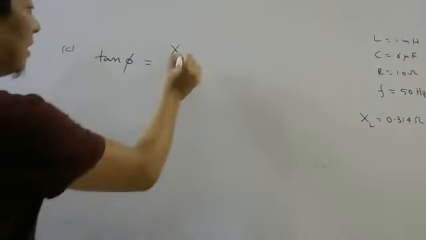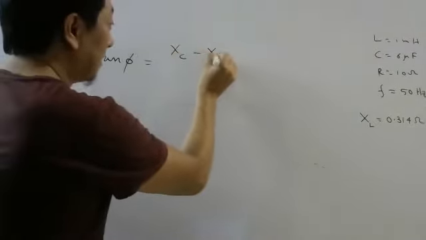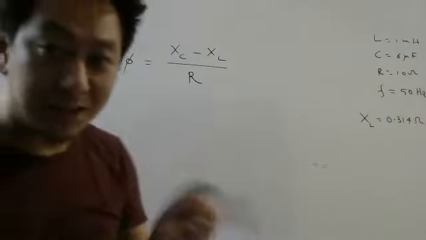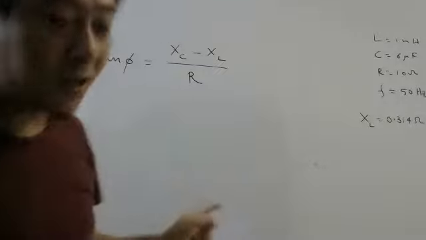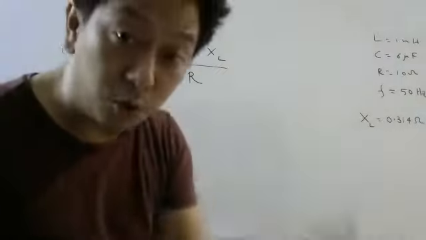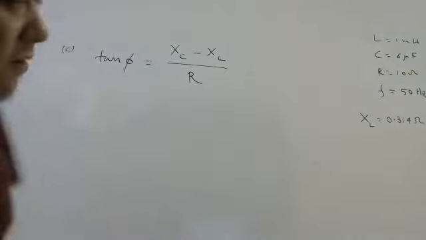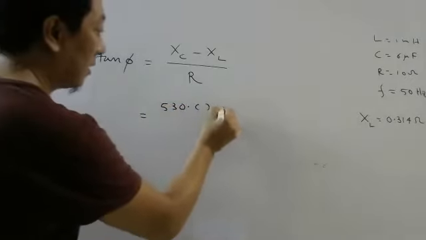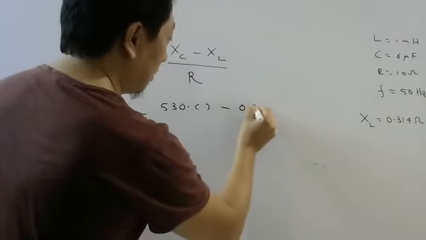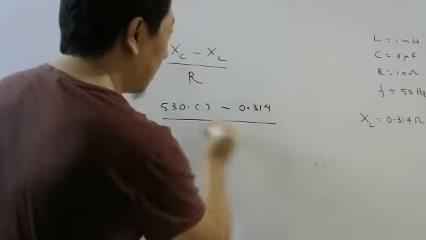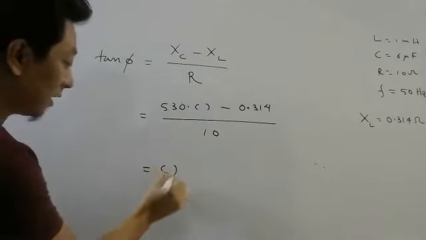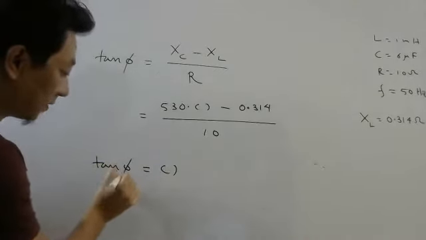So you write XC minus XL divided by R. Actually the formula was XL minus XC, but here, since XC is more, you write XC minus XL. XC was 530 point something, XL is 0.314, divided by R, which is 10. Whatever answer comes, that will be your tan phi.